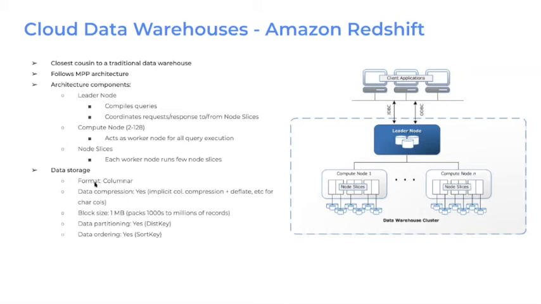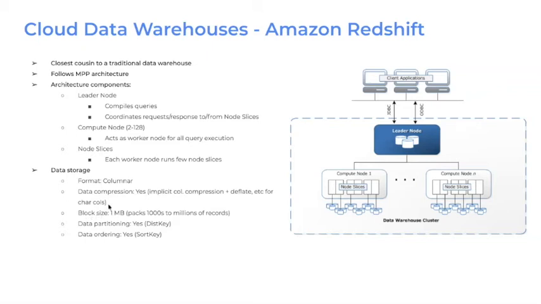In terms of data storage concepts, it stores the data in a columnar format, which is best suited for analytics query needs. It results in a significant query boost when we are trying to do aggregations, windowing and ranking queries.